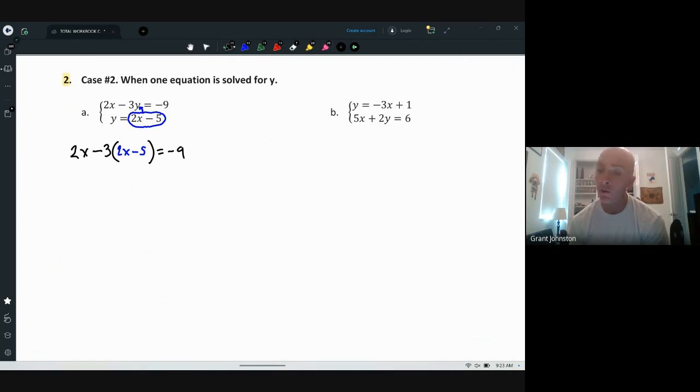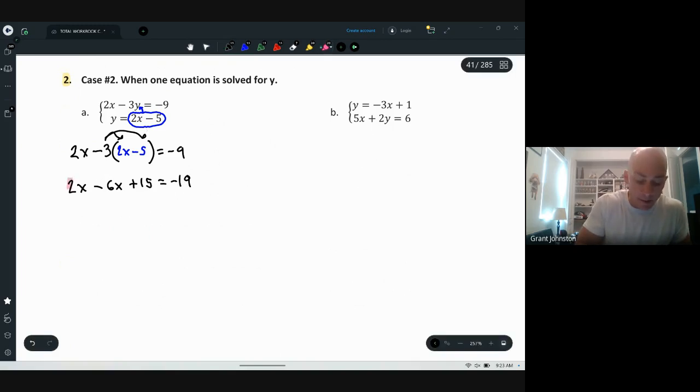And now we just solve. I'm going to distribute. Remember that's a negative 3, so negative 3 times 2x would be negative 6x, and negative 3 times negative 5 is positive 15.